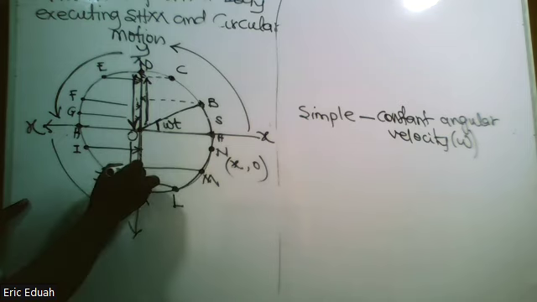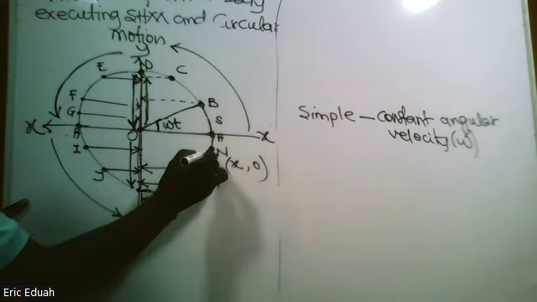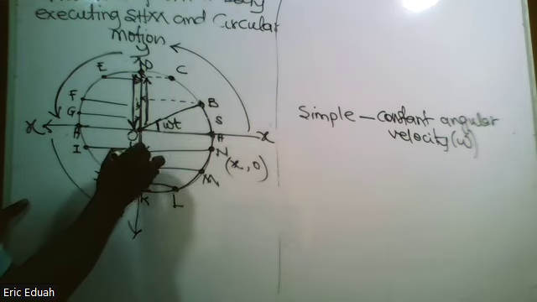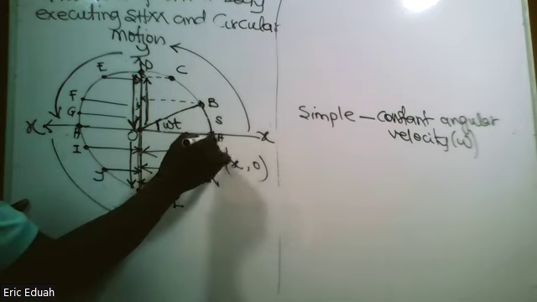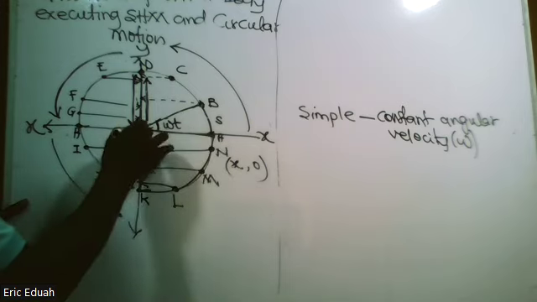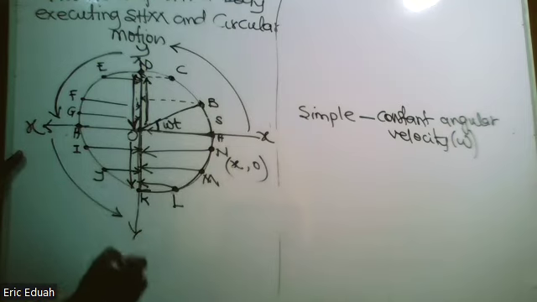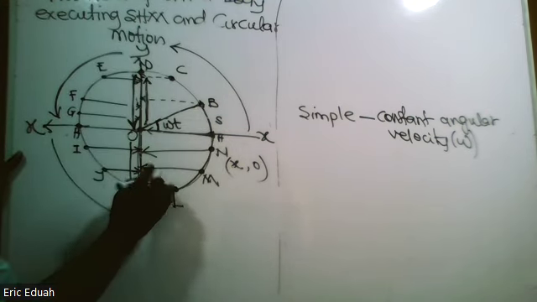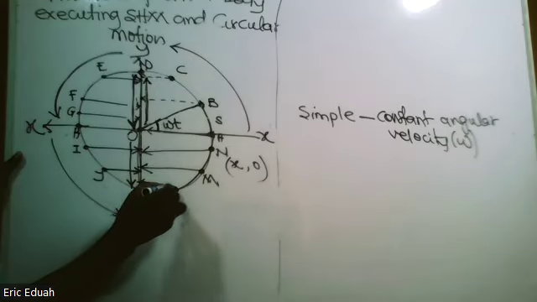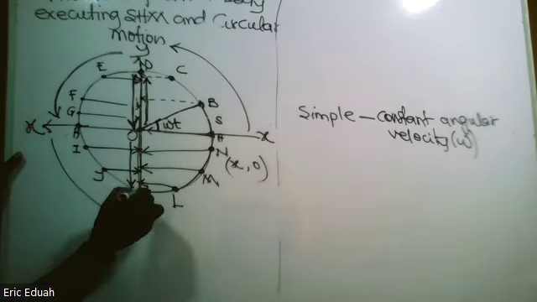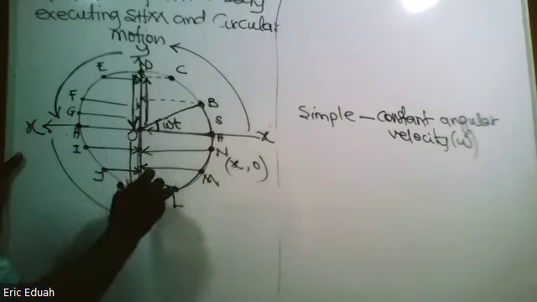M, N, and then A again. So how should the arrow go? Must it go up or downwards? Upward. So it has to go upward because it goes from maximum here, decreasing to 0.